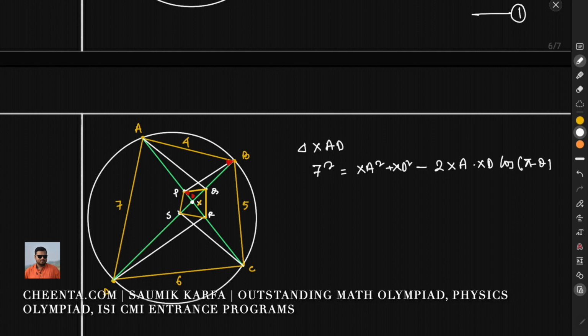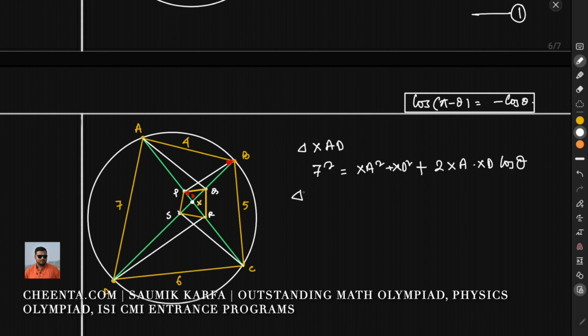But we know cosine of pi minus theta is equal to minus cosine theta. Why is that true? You can comment down below if you already know. So replacing that with negative cos theta, we'll get a positive sign here.